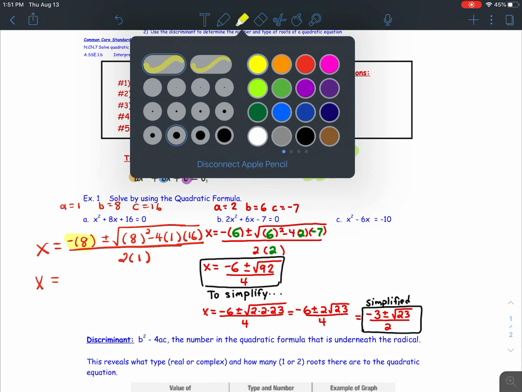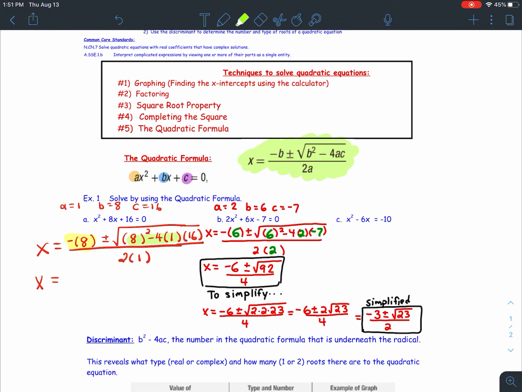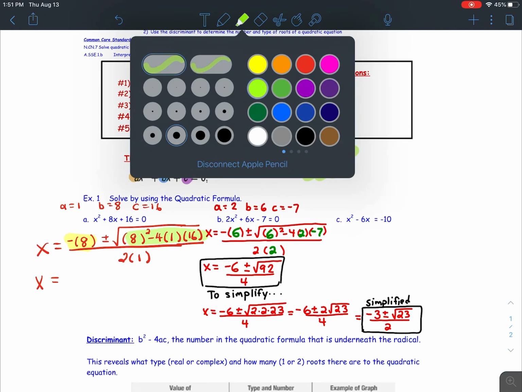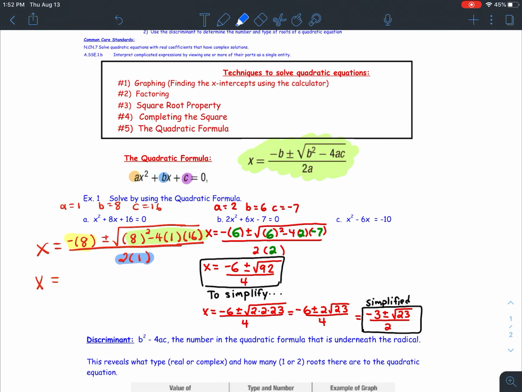Okay, so I want to see that initial substitution right there, and then I would like to see you simplify each of the three sections. Section 1 being this value here, section 2 being what number you would get underneath the radical, and then the third section being what's in the denominator.